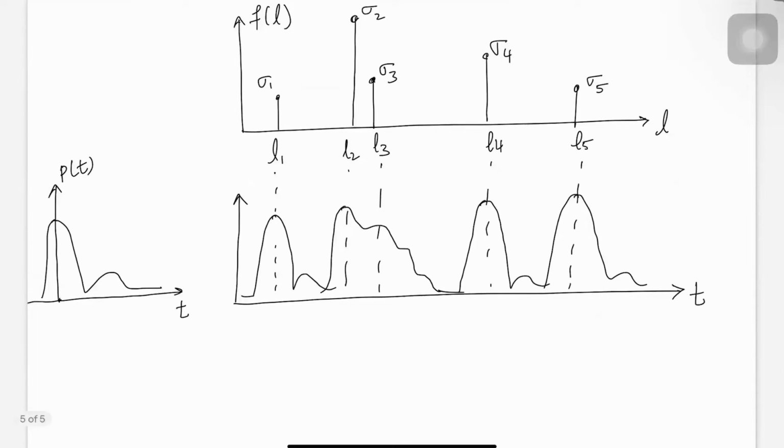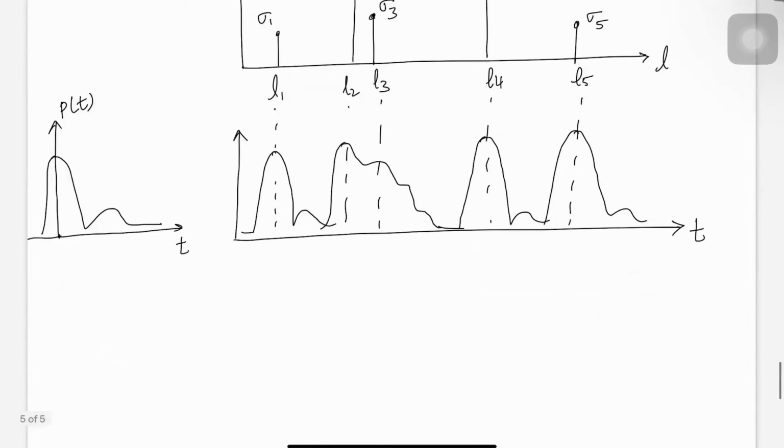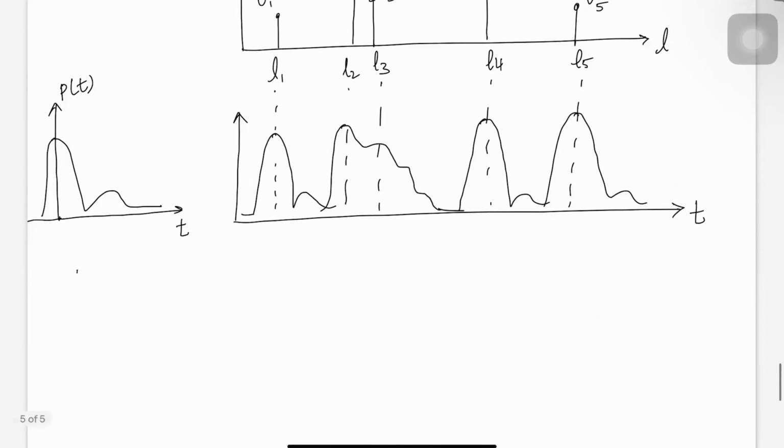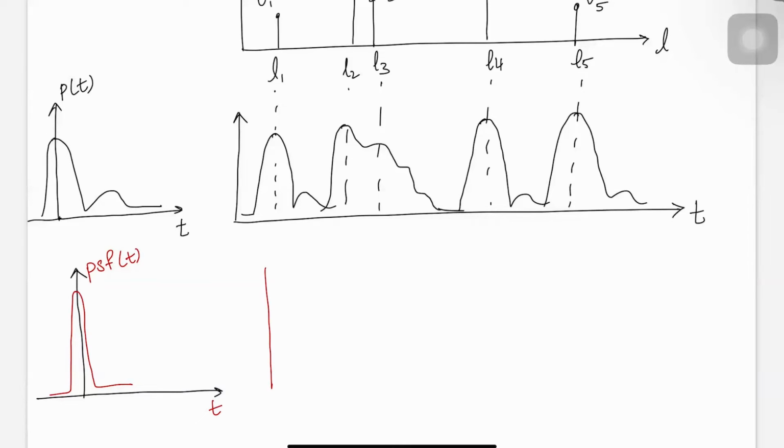So then what you do is you pass this through the matched filter. Once you pass it through the matched filter, you have to look at the point spread function. So hopefully, the point spread function should be much better than your transmitted pulse. So PSF of t versus t. Let me just rewrite. This one should be your R of t. And now I'm drawing your S of t.